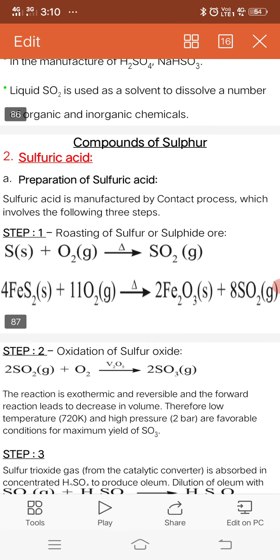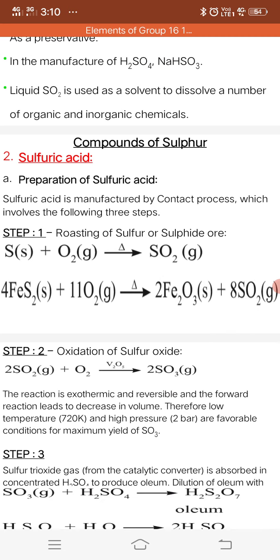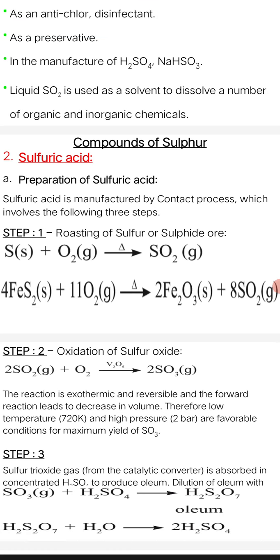We can do that with the help of some steps. In that, step 1 is roasting of sulfur or sulfide ore. In this step 1, the first reaction is when solid sulfur is heated with oxygen gas, we get sulfur dioxide gas, SO2.